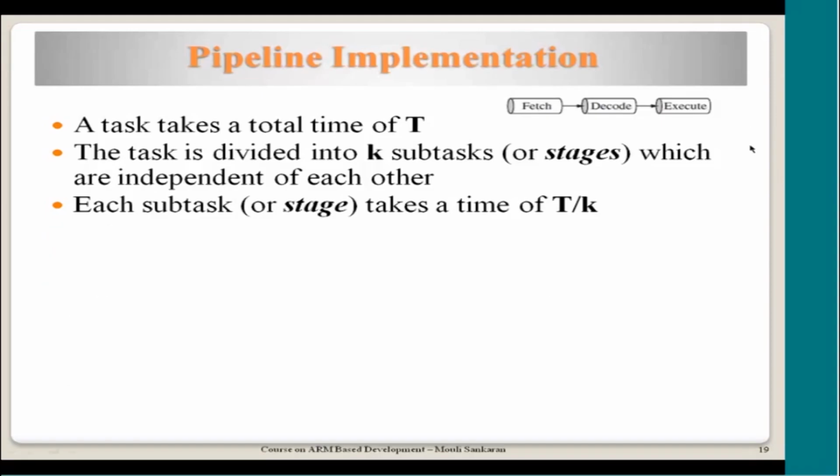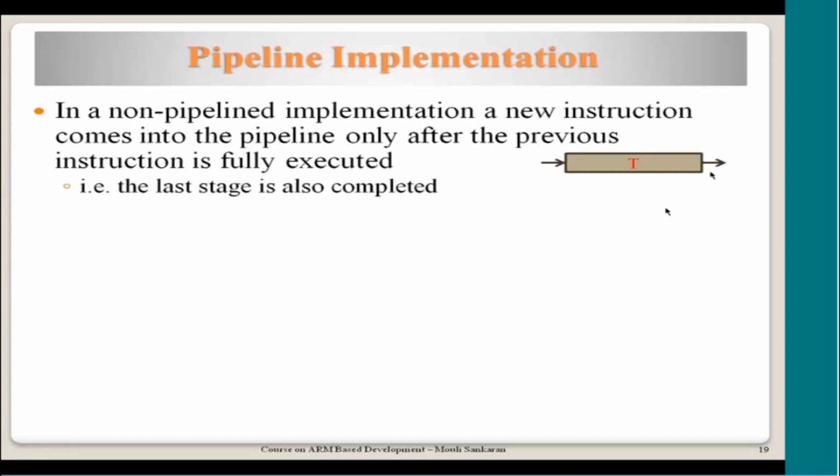Now let us see how I can explain this. In a non-pipeline implementation, one instruction comes in and takes a whole lot of time, say T nanoseconds, but for discussion let us say a few seconds, and then it comes out.